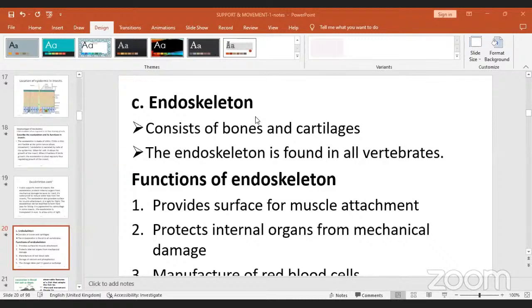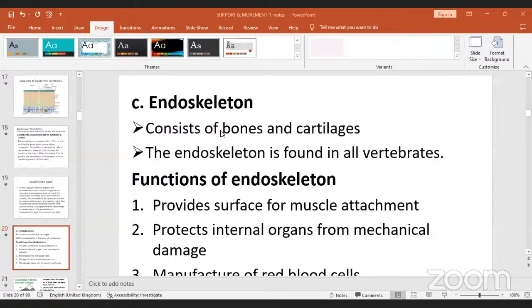Okay, we can just proceed because I'm told we have a lot of time. So we go to the endoskeleton. I hope we are okay with the exoskeleton. Are we? Yes. Any question? Nathan says we can't repeat everything. We'll be able to follow up the rest. Oh, you overslept. That's your problem now, Martin.